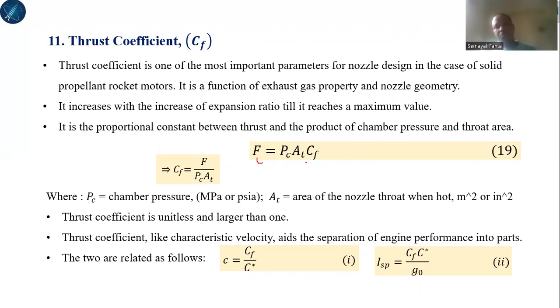Thrust is equal to P_c A_t C_F. So from this equation, the thrust coefficient is equal to thrust over P_c A_t.